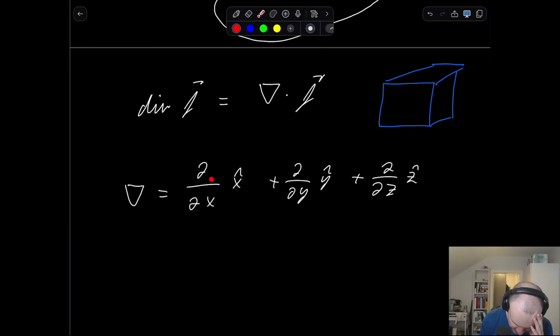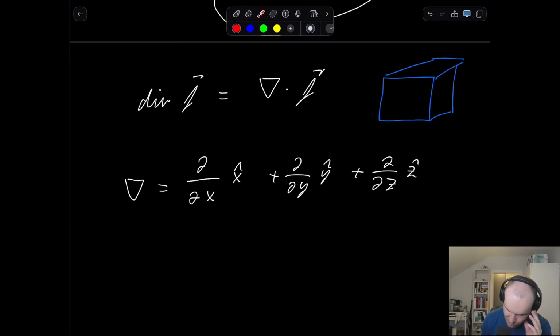So I have to ask how much something like water would stream through this surface. We are comparing the small distance in x, and the x hat direction is like our normal, and we're comparing that to the field in that same direction.